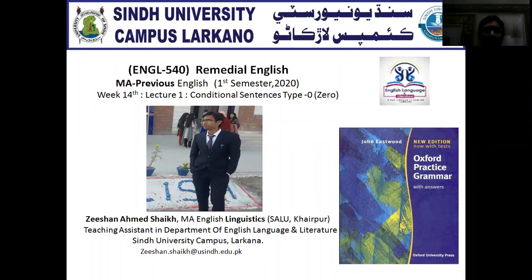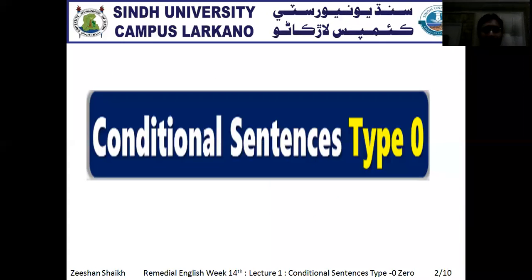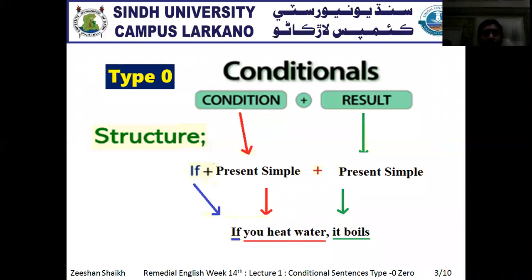In this topic, we are going to have a look at conditional sentences of type 0, what is the importance and what are the basic uses of conditional sentences. Clear? Now why do we call it type 0? Because in this conditional sentence we have two present simple tenses, and if one action happens, then from this first action the second action definitely appears automatically.